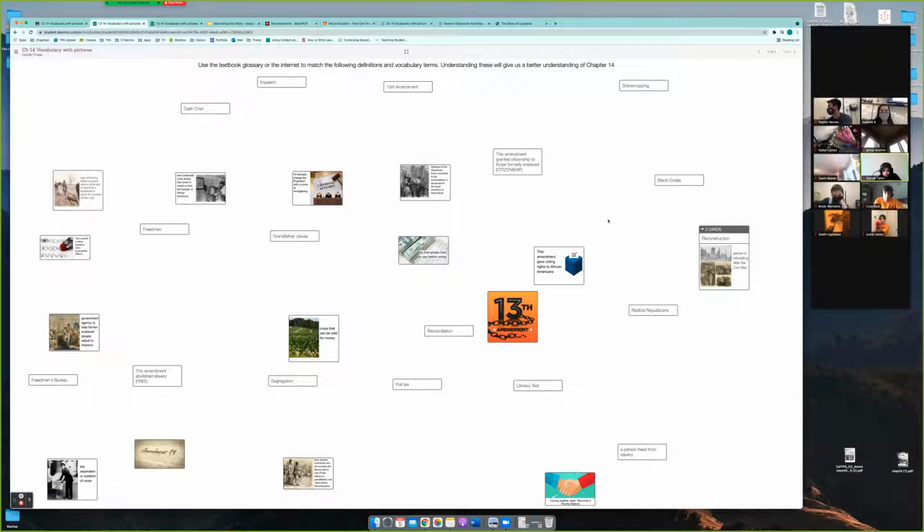So we talked about sharecropping on Monday. What would be the correct definition that we can match to sharecropping? Kyla, do you see the right one?